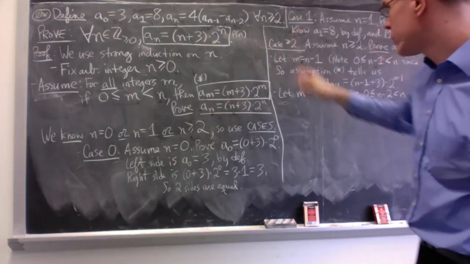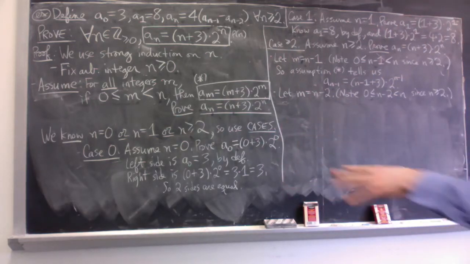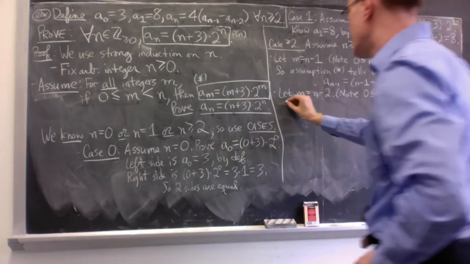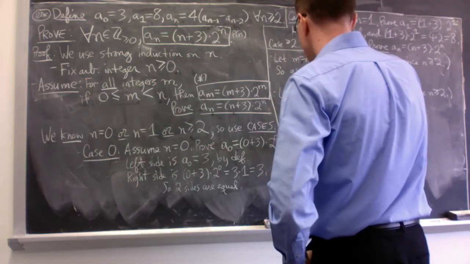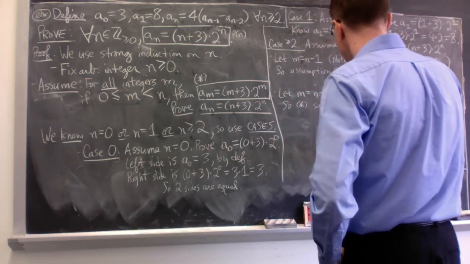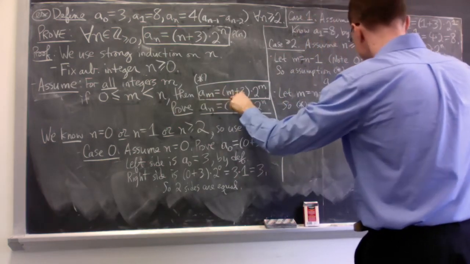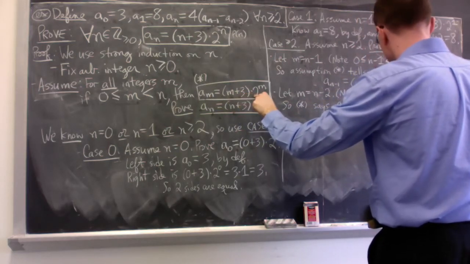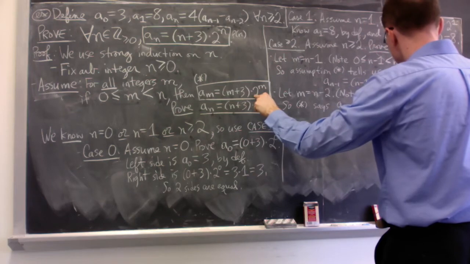That's one of the reasons the other cases were needed, because you couldn't go back like that until you hit 2. So star tells us that a(n minus 2) is n minus 2 plus 3 times 2 to the n minus 2.